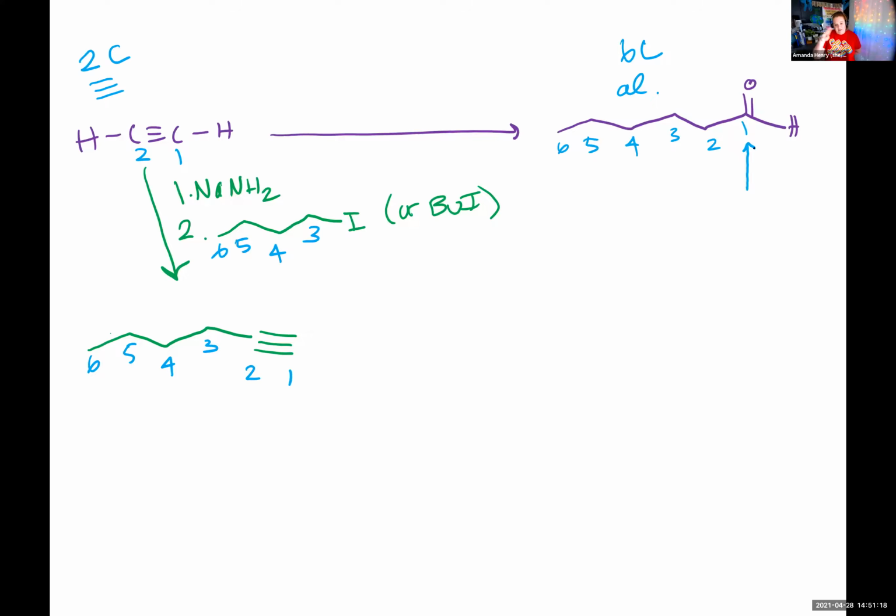I wanted to have that consistency. I know that these carbons over here aren't going through any reactions. They're not reactive carbons. So my reactive carbons, my alkyne carbons, need to be where that functional group is getting added on. All right, do we know how to turn an alkyne into an aldehyde?